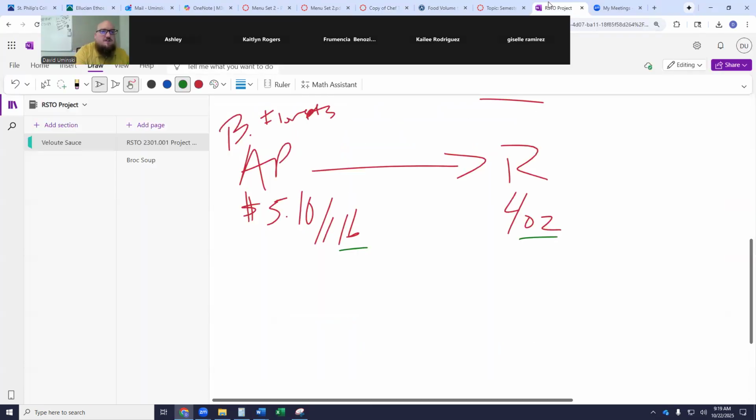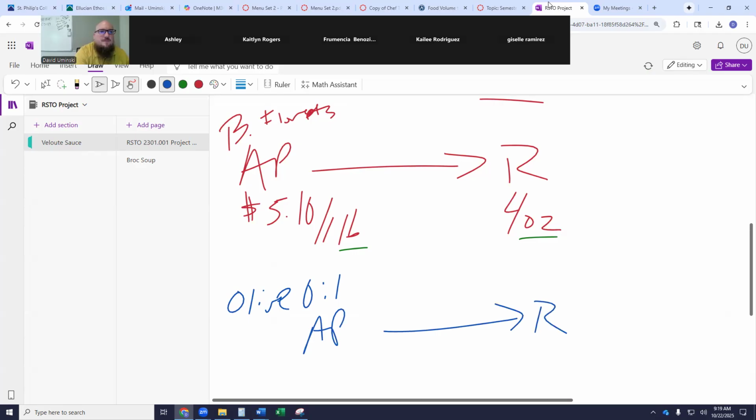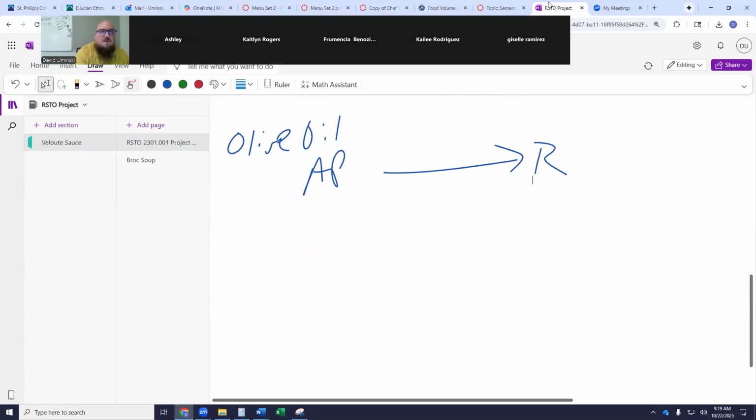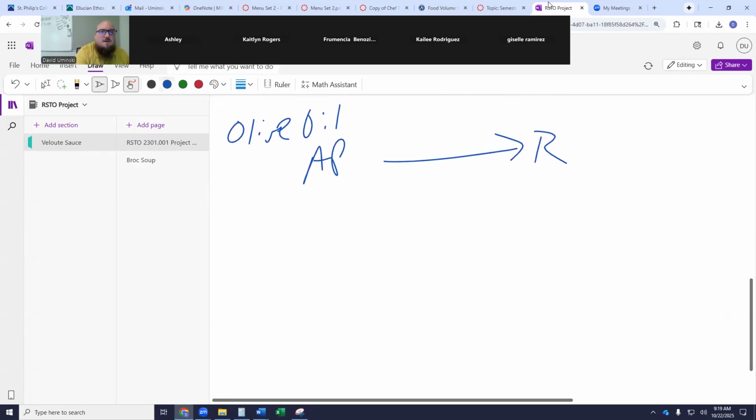Okay, so let's do olive oil. Talk me through your process, AP to recipe. Okay, so I put 8 tablespoons. Let me click it. It takes me a minute. Olive oil with the generic category.